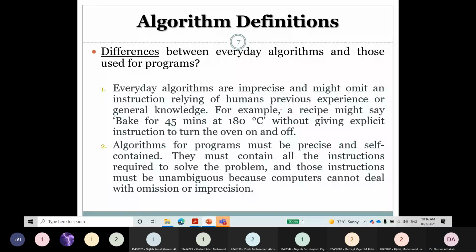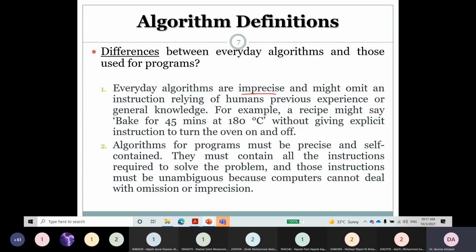For example, we can turn on the tap and open the water, after that we can brush our teeth. In a cake, we can begin by mixing the eggs, after that we add some sugar, some flavors, etc. These steps can be changed, one instruction can come before the others.